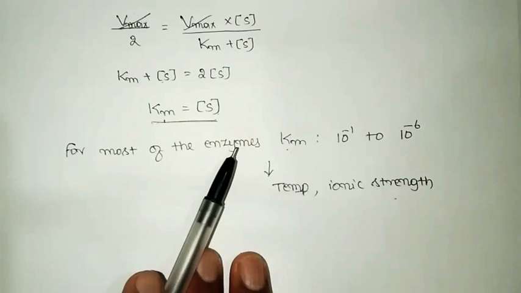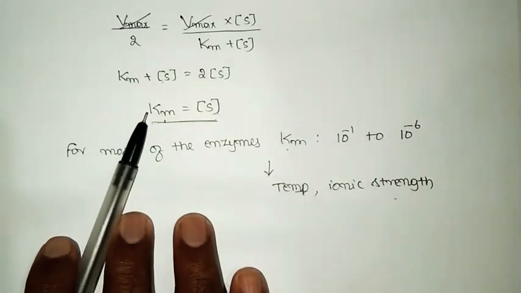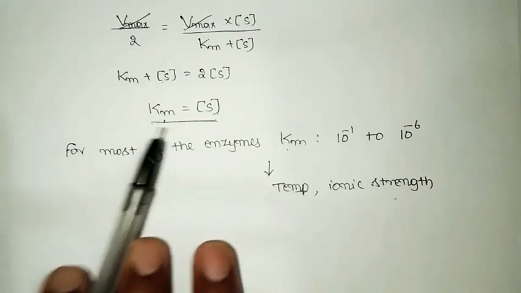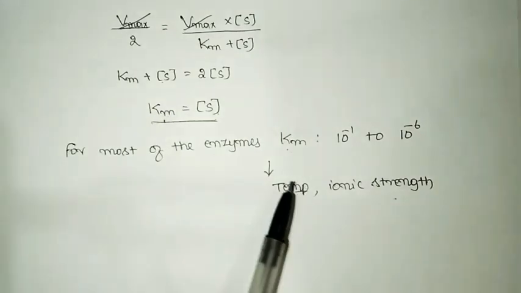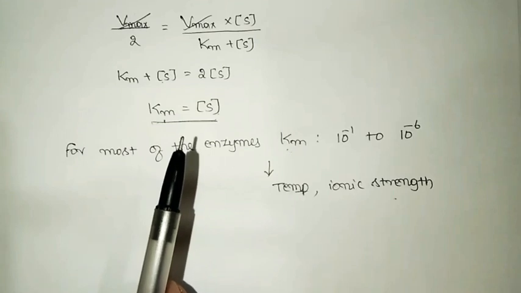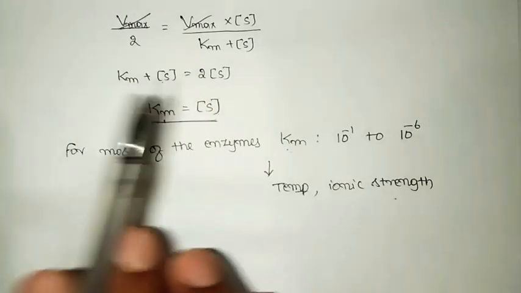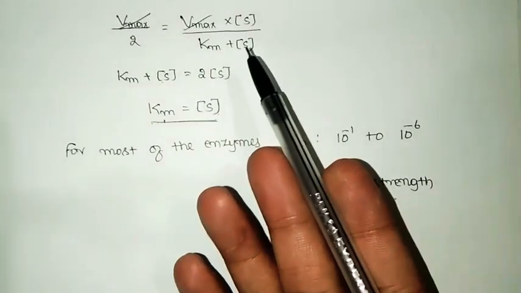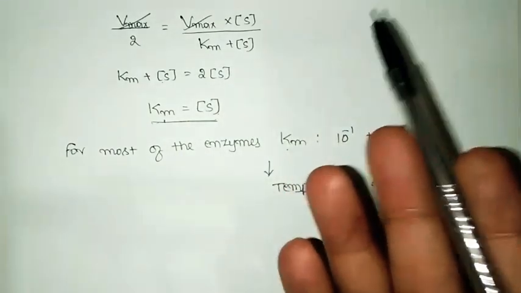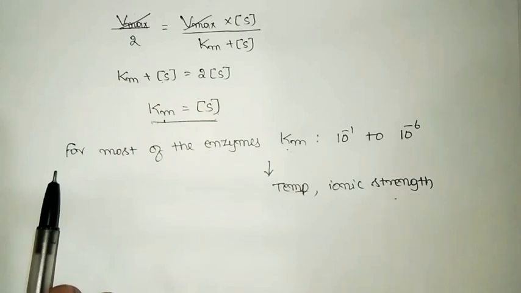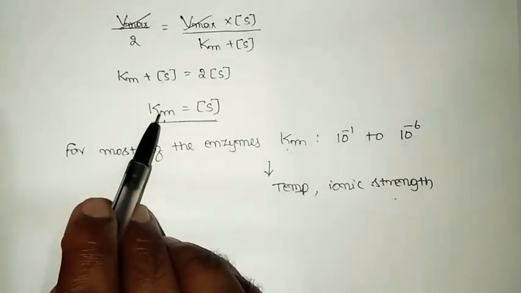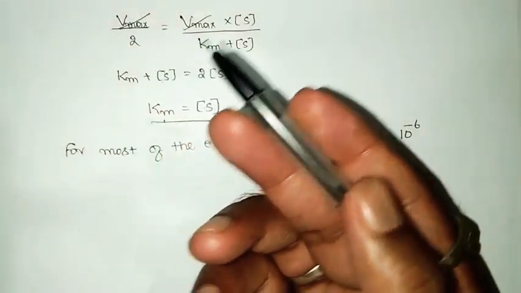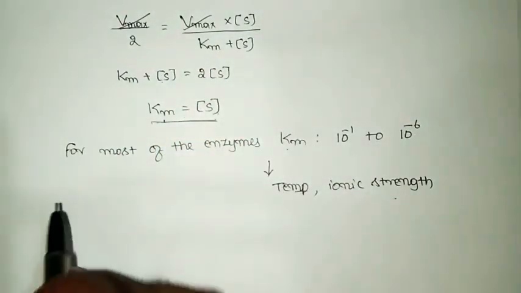Therefore, we can easily say the value of Km, that is the Michaelis Menten constant, will be equal to the dissociation strength of the enzyme substrate complex formed by the combination of enzyme and substrate. And we know that the enzyme substrate complex will dissociate to give the product. And the Km may have a proportionately higher value, or it may have a proportionately lower value also.